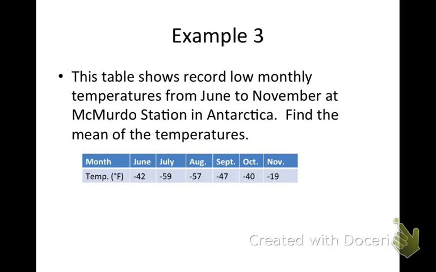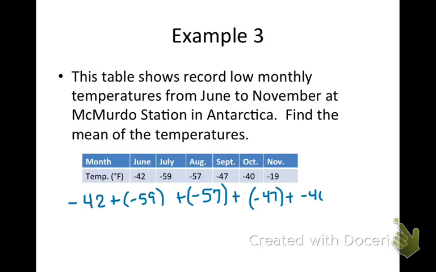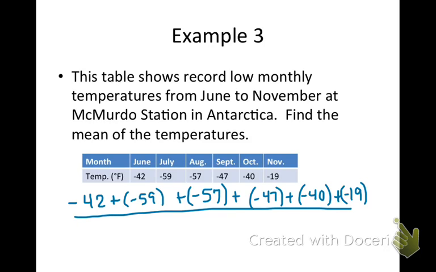to add together. So we have negative 42 plus negative 59 plus negative 57 plus negative 47, negative 40 plus negative 19. And all of that is going to be divided by 6.